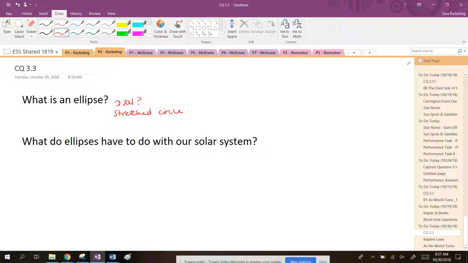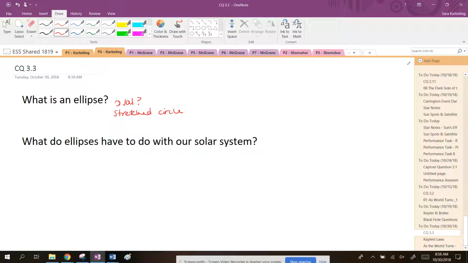If you have taken geometry or you have talked about circles in some math class, you may have defined a circle. Does anybody know what a circle is, or how you define a circle? What is a circle? It has an equal radius all the way around. Yeah.